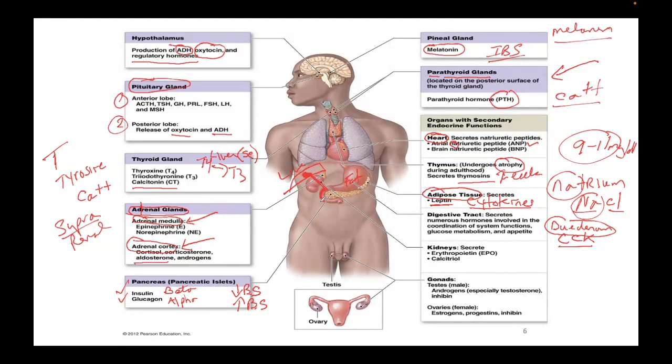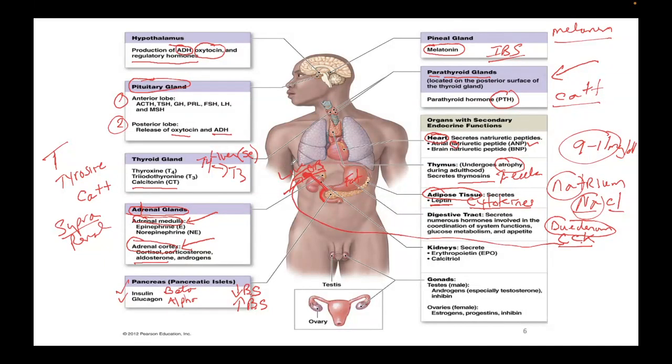And when fat enters the duodenum, it releases CCK. CCK is going to go to the gallbladder. It's going to make it contract, and it's going to release the right elements that fat needs to be broken down.